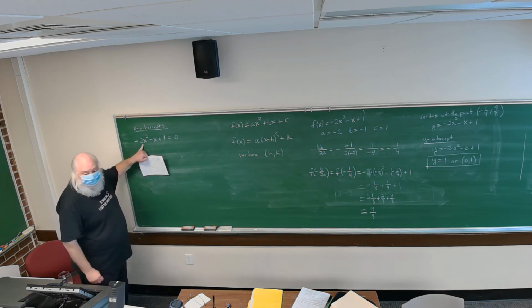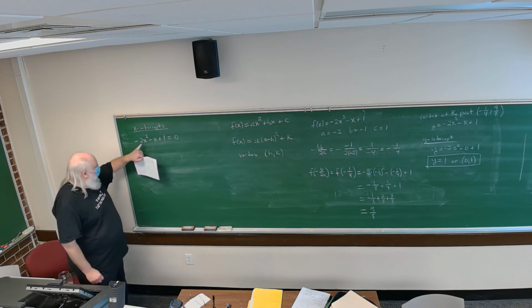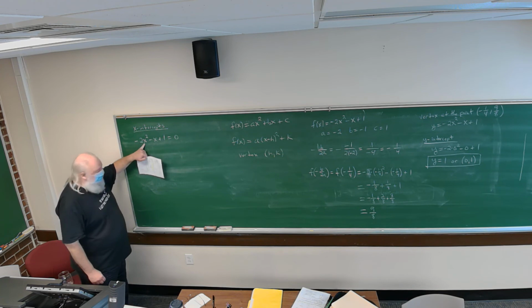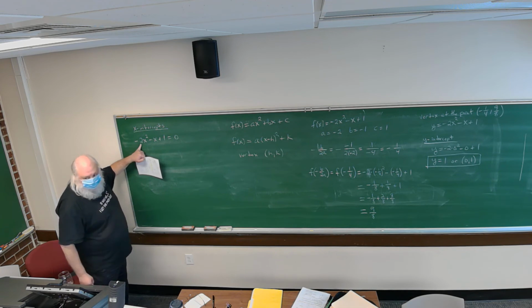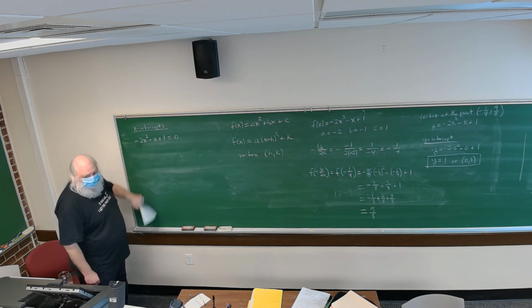Now, I hate factoring when the number in front of x squared is negative. It's a million times easier for me if this number in front of the x squared is positive. So how do I make this number positive without changing the equation? How do I get an equivalent equation where instead of minus 2x squared, I have plus 2x squared?